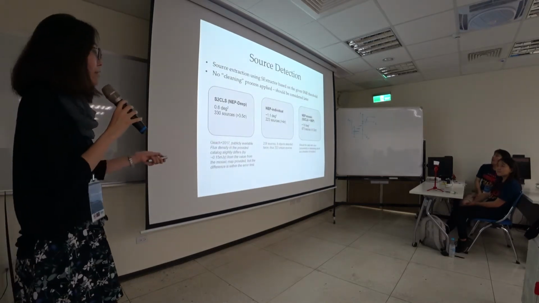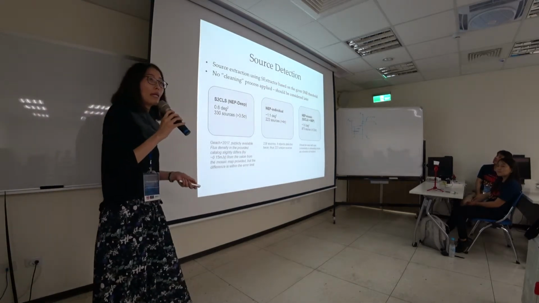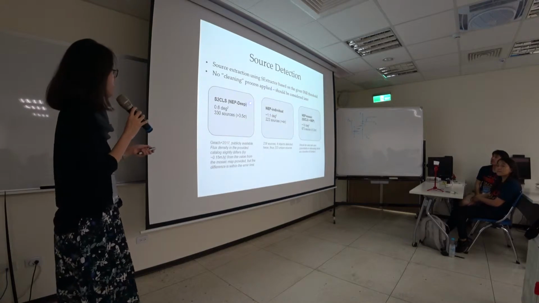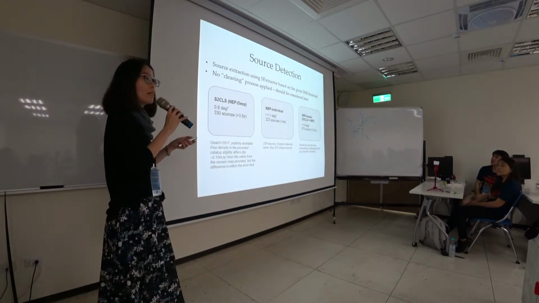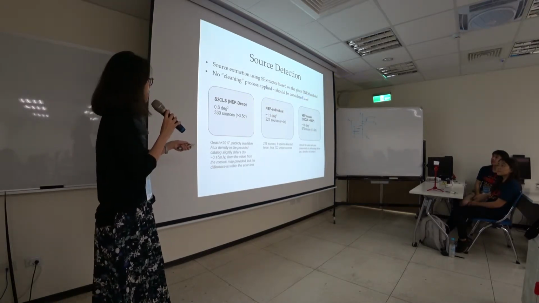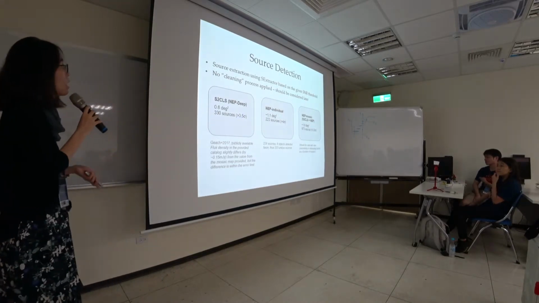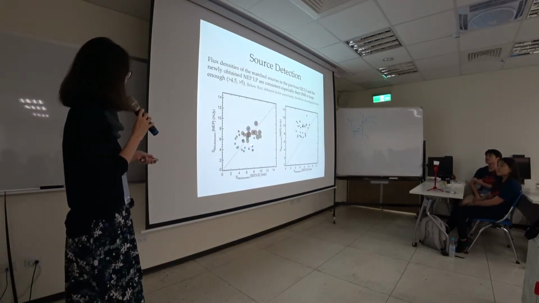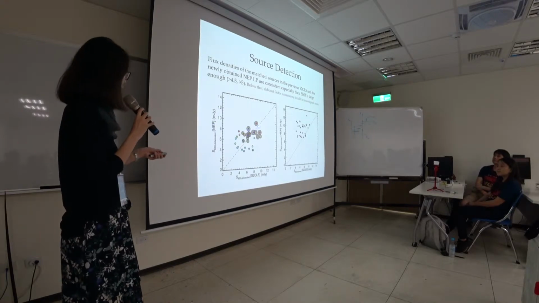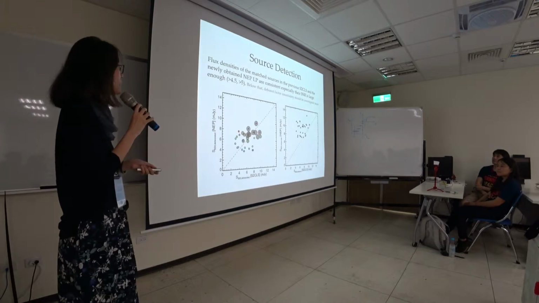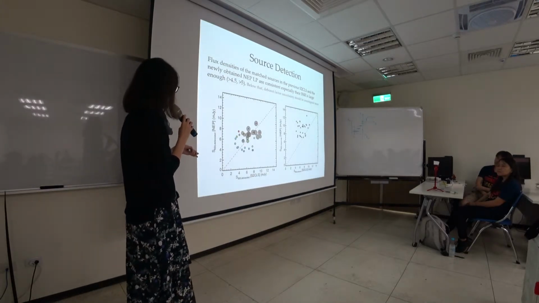Currently I made a blind catalog of 850 micron sources using SExtractor, giving signal-to-noise thresholds like 3 sigma, 3.5 sigma, 4 sigma, and so on. The flux density seems to be okay compared to the S2CLS data. So we are still improving the catalogs.